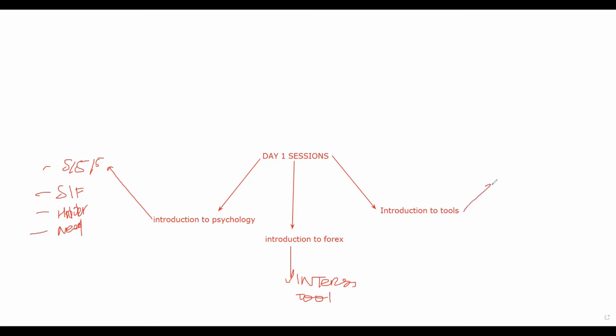And then with him, we also went through the difference between a trend line and a horizontal line, their properties, and their purpose. Then also the why, how, when, where. These are the minor things that we went through. This is the introduction.